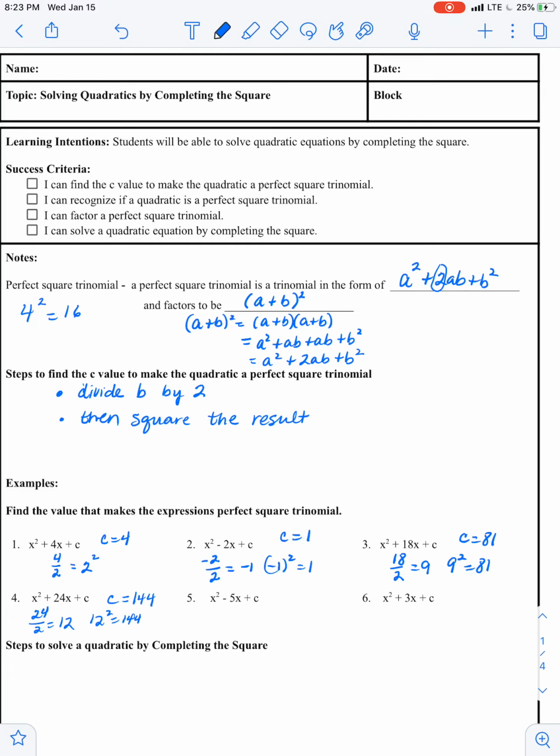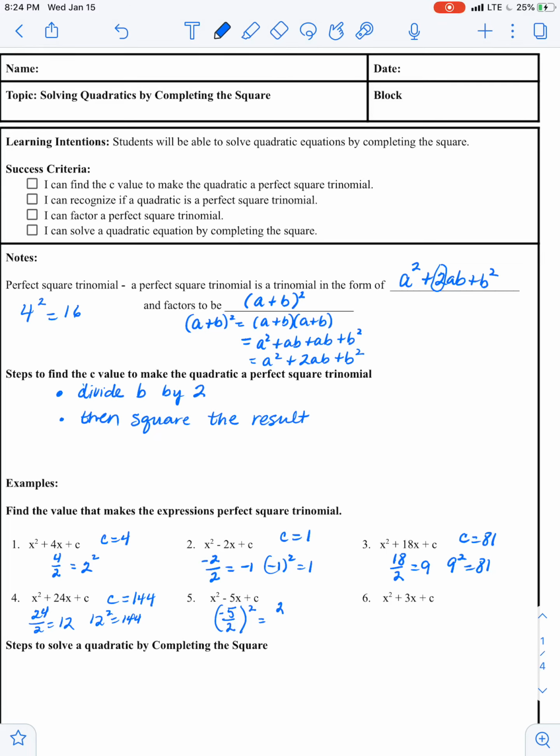Okay? Next one. Take a minute and try that one. Okay? Might not have given you enough time, but in this case, 5 divided by 2 does not come out even. So we're actually taking that number and squaring it because there's no simplification that I can do.